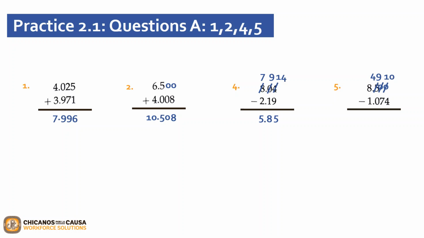Now we have 10 minus 4, which gives us 6, 9 minus 7, which gives us 2, and then we have 4, because we did take away from that 5, so 4 just gets brought down. And finally, 8 minus 1, giving us 7, for a final answer of 7.426. Great job, everyone!